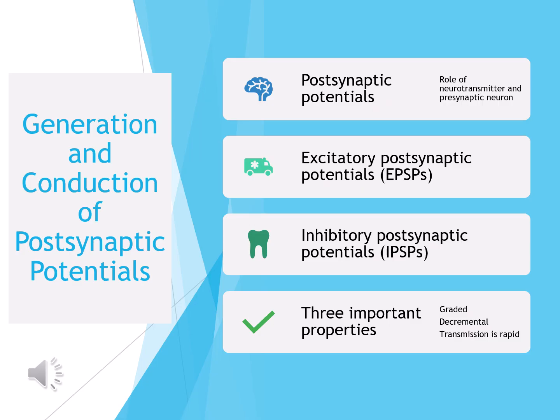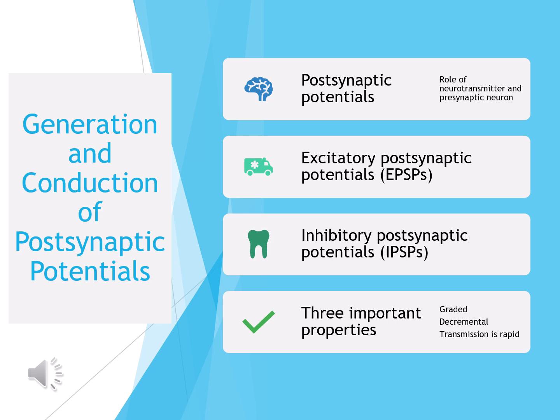So now that hopefully you have a better understanding of the state of resting neurons, we're going to take a look at how electrical signals are created in a resting neuron. The postsynaptic potentials are changes in the membrane potential produced by the action of the neurotransmitters released by the presynaptic neurons.